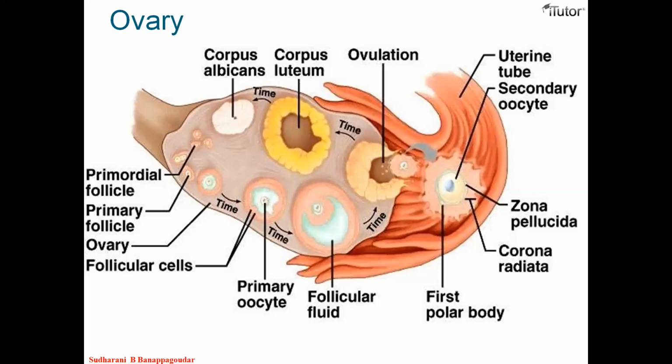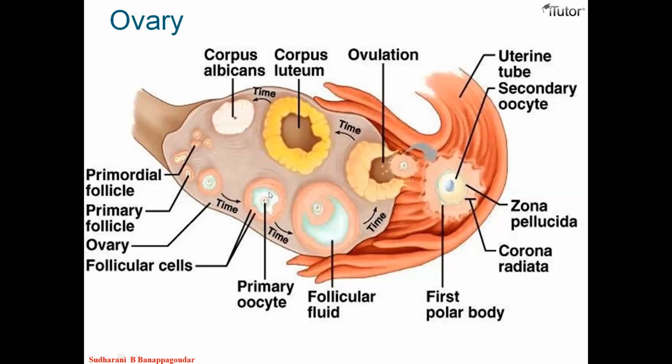Further, they become the primary follicles, and they produce a hormone called estrogen. They further become the primary oocytes. These primordial follicles are present before the birth of the baby, already present in the womb of the mother when the baby is in the mother's womb.